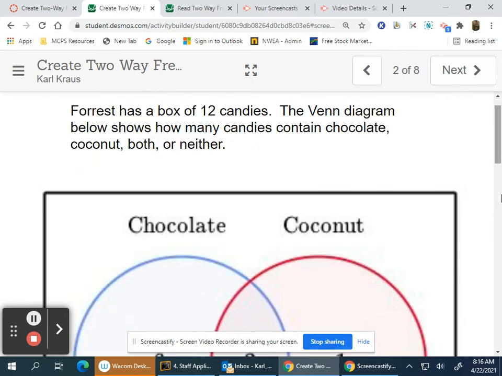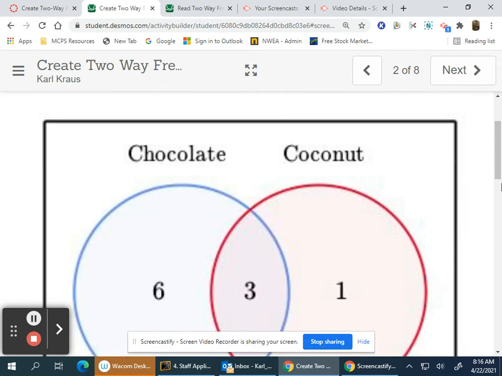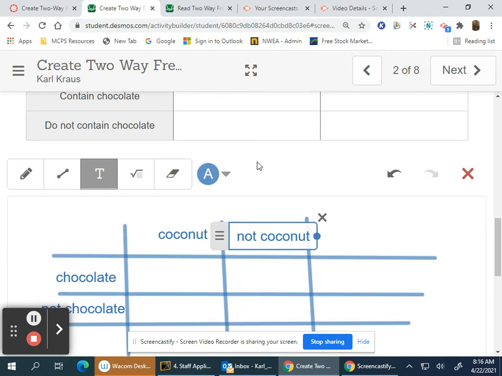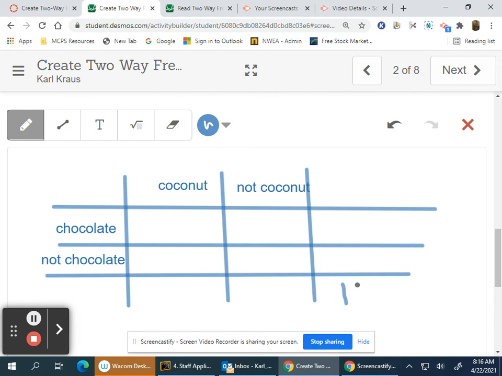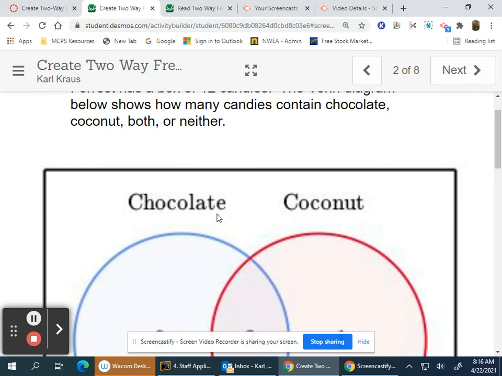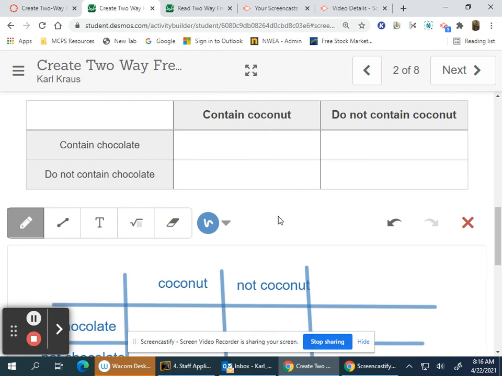Right, then we look at the given information: 12 is the total. So down here in the corner, make this 12. And then coconut and chocolate intersects at 3.